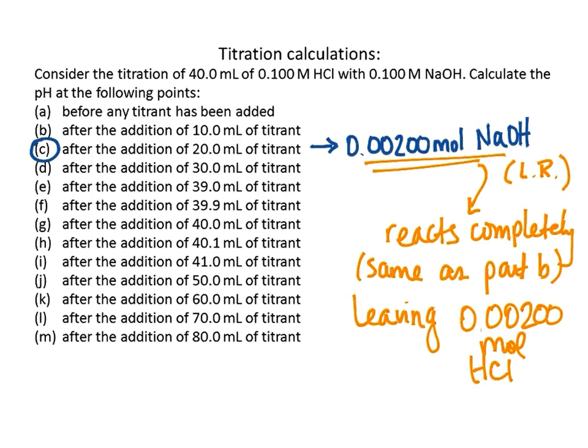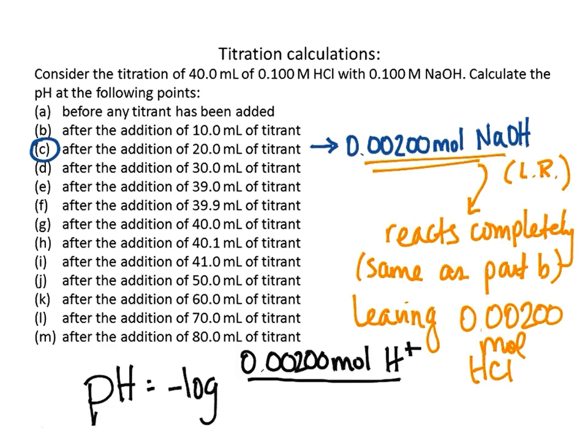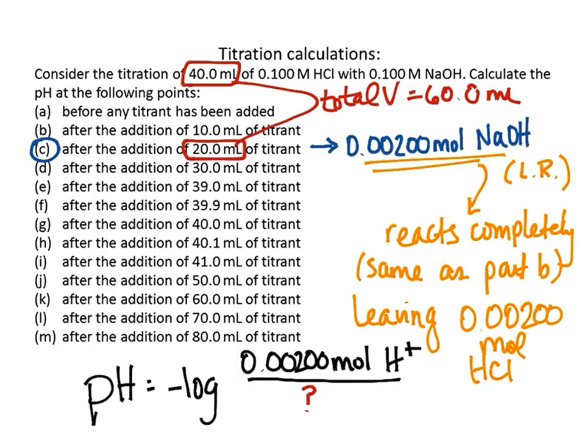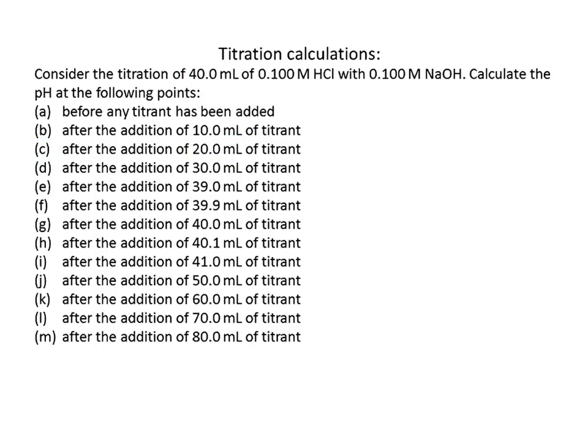It's still the limiting reactant, so it reacts completely, just like part B. That leaves 0.002 moles of hydrochloric acid, which means our pH is the negative log of 0.002 divided by the new volume, which is 0.060 liters, since 40 plus 20 is 60 mL. The pH of that is 1.477, and that goes on our graph as point C.